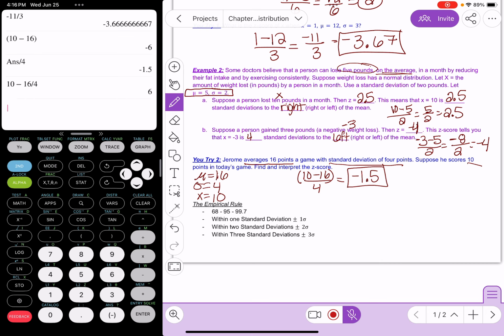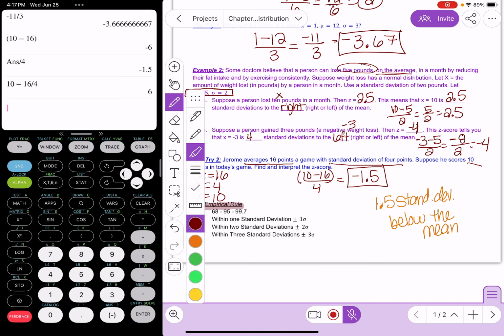If you get 6, that means you forgot to put the top in parentheses and you only did the 16 divided by 4. So watch for that key piece. So your Z-score should be negative 1.5, which means you are 1.5 standard deviations below the mean. So he did less than his average.